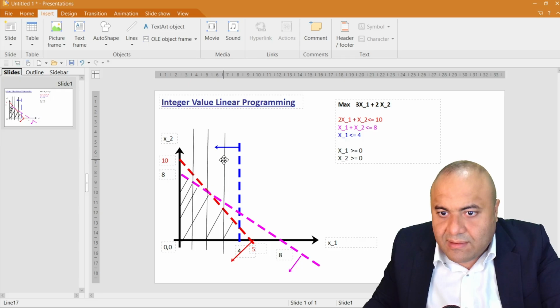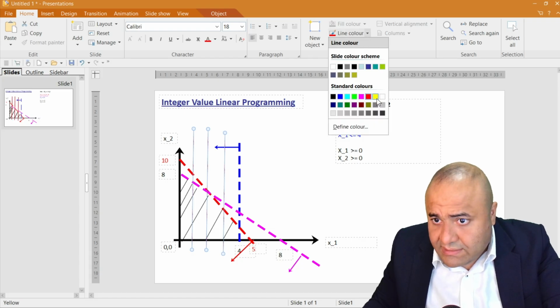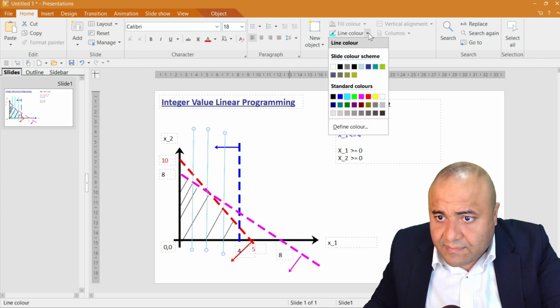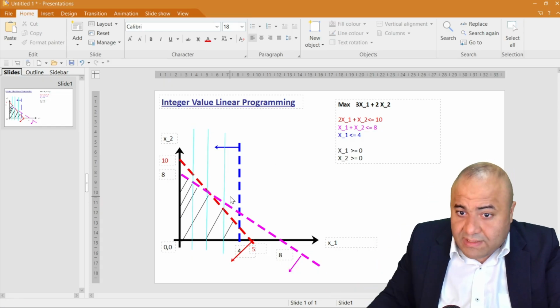These are the possible integers in this location. Just let's put them as this. So these are the possible solutions.